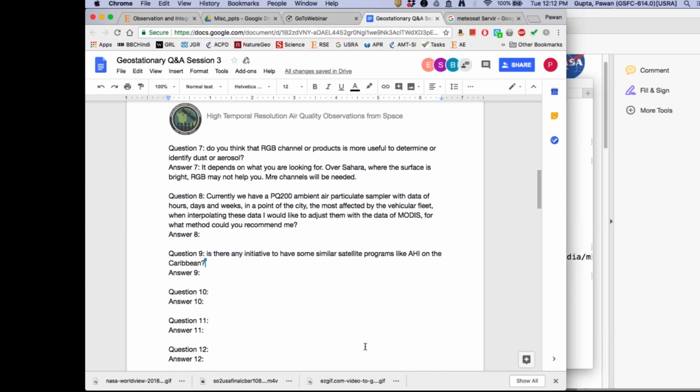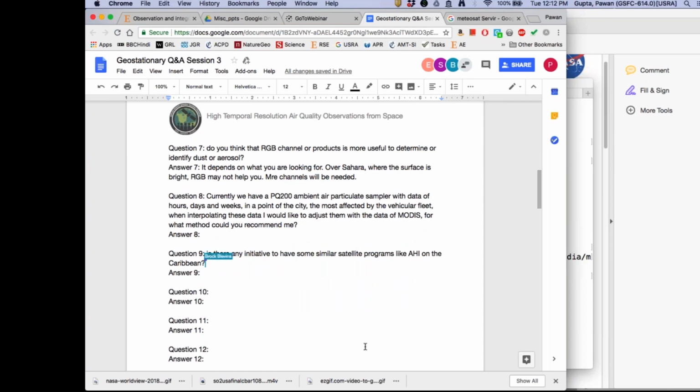If you're only looking for dust, then you will require channels which can actually differentiate dust from different backgrounds, aerosol sources. So for example, over Sahara where the surface is very bright, looking only at RGB channels may not be able to help you. So you have to have more spectral channels to separate the surface from the dust.